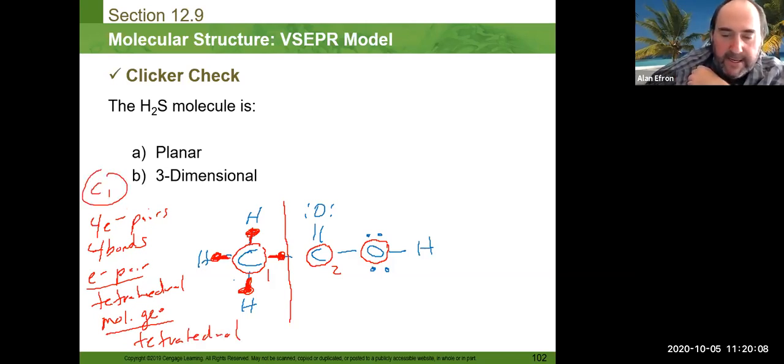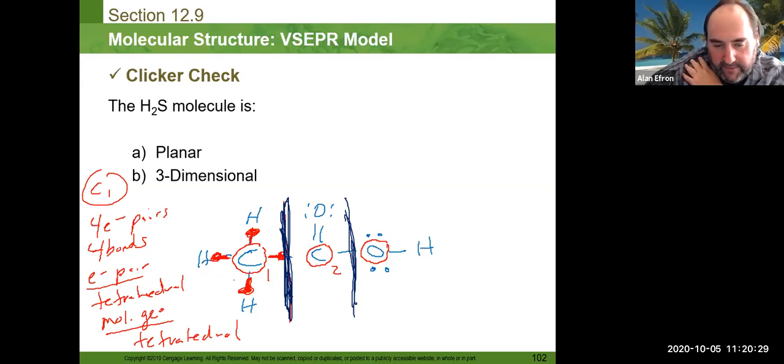Now, if we went to carbon number 2, we would do kind of the same thing. We would put our hand to the left of carbon number 2 and also to the right of carbon number 2, and we would count how many electron pairs it has. I got rid of that one bond there, so let me pop it back in.